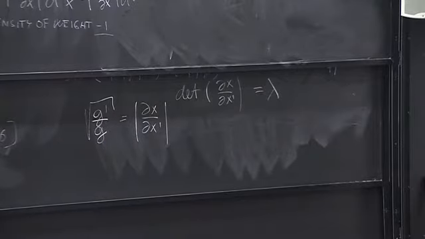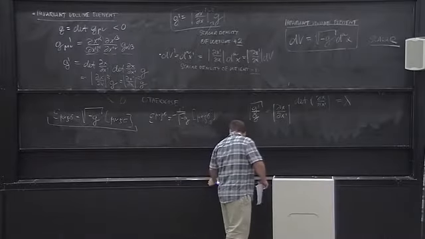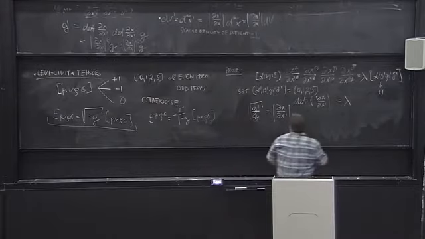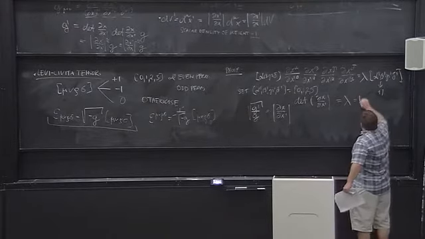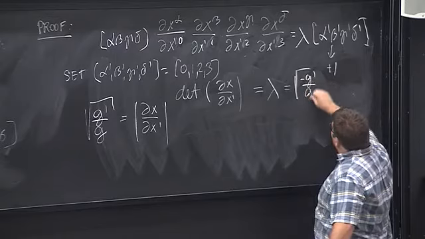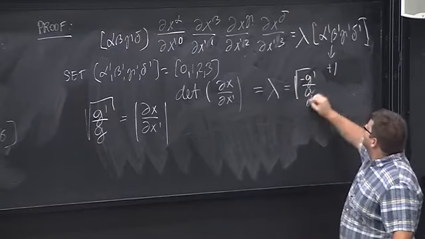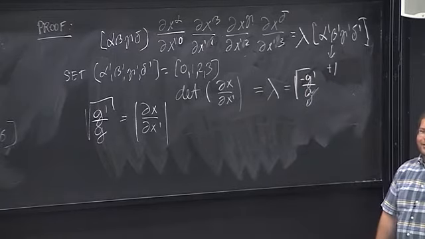Right? From that formula here, you have the square root of g prime over g is dx over dx prime. And so lambda is simply given by the square root of minus g prime over g. Okay?